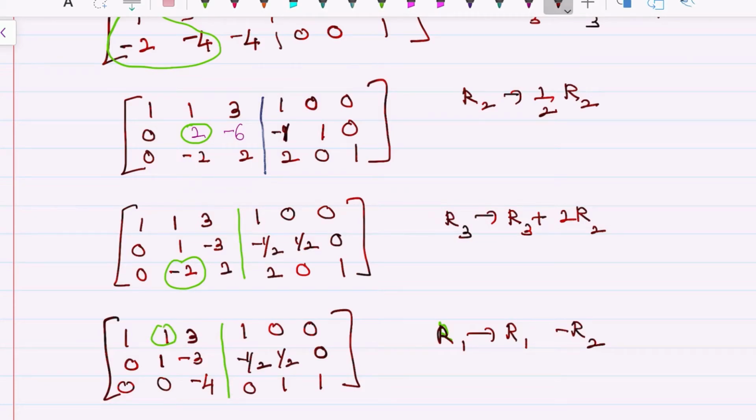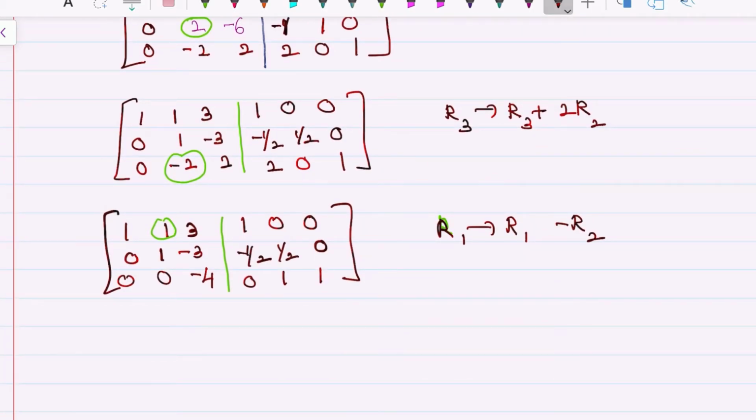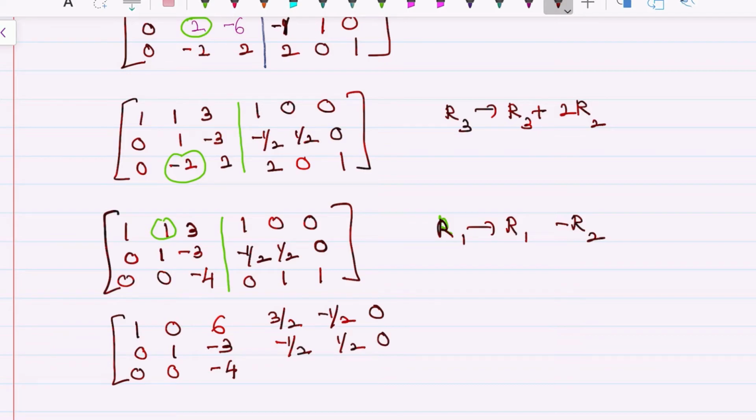Now we are working on the upper triangle. So this would reduce to 1, 0, 6. Second and third row remain the same. And here you get 3 by 2, minus half, 0. Again the second and third row remain the same.